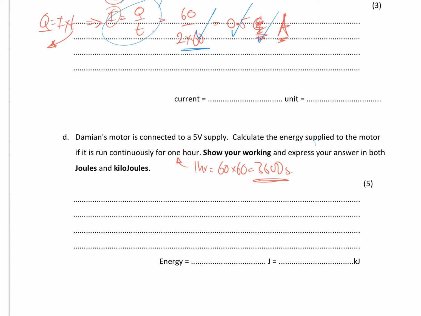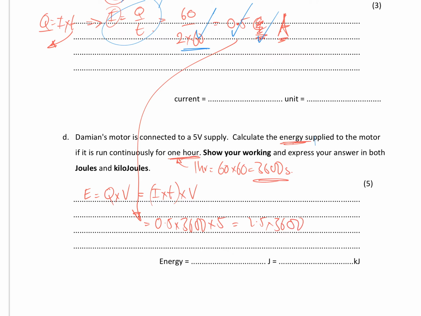So therefore, how do we work out the energy supplied if we've got the time, and what else do we need? So simply, energy equals the charge times the voltage. And the charge is the current times time, times the voltage. So if we know the current from the previous slide is 0.5, times that by 3600, and times it by 5, gives us 2.5 by 3600.